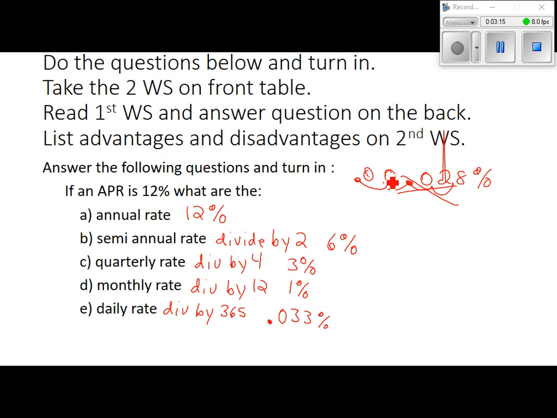So this regular number would be 0.00033. If we had to multiply or divide or anything else, that's what we do to it. You've got to make sure you know that. That's probably the hardest thing with figuring out this stuff.